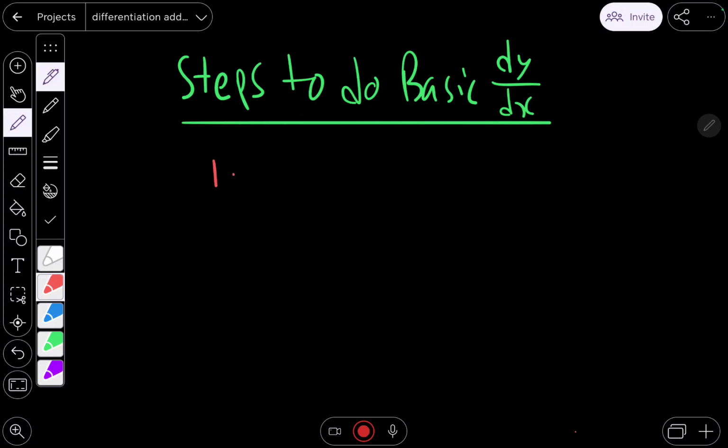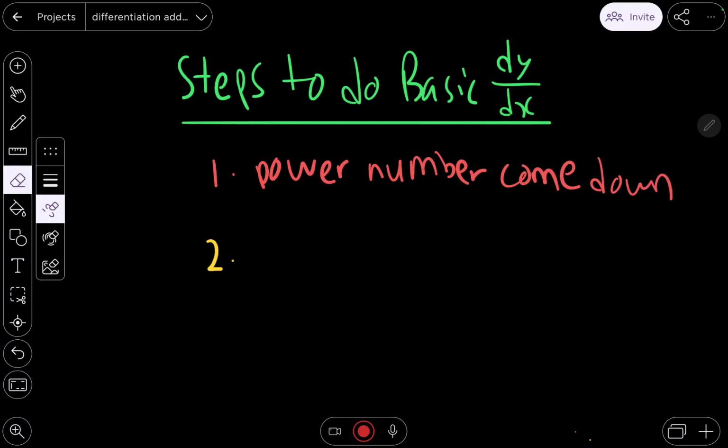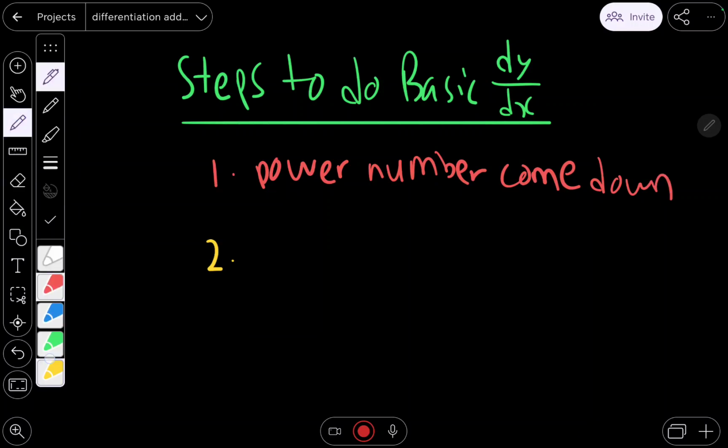Alright, 2 steps. So the first step is you're going to bring your power number down, or just write power number comes down. Oh, 3 steps, by the way. Sorry about that. Second one, power number minus 1.